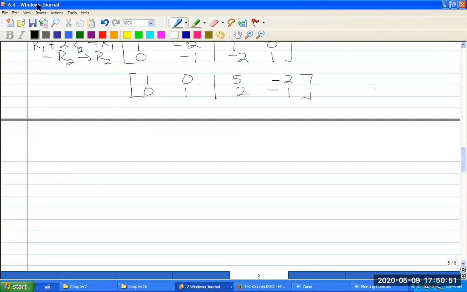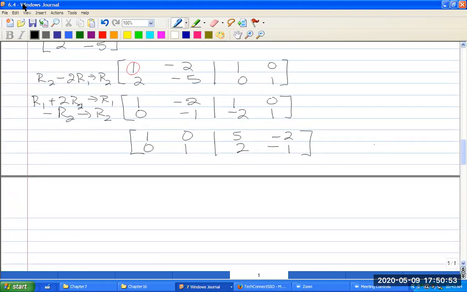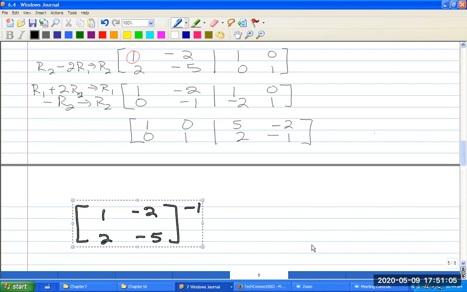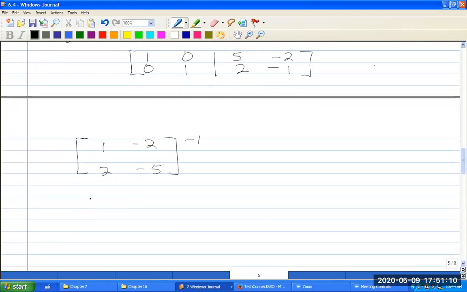So the inverse to our matrix 1, 2, -2, -5, I get that the inverse of this is equal to 5, 2, -2, -1. That is the inverse of my matrix.